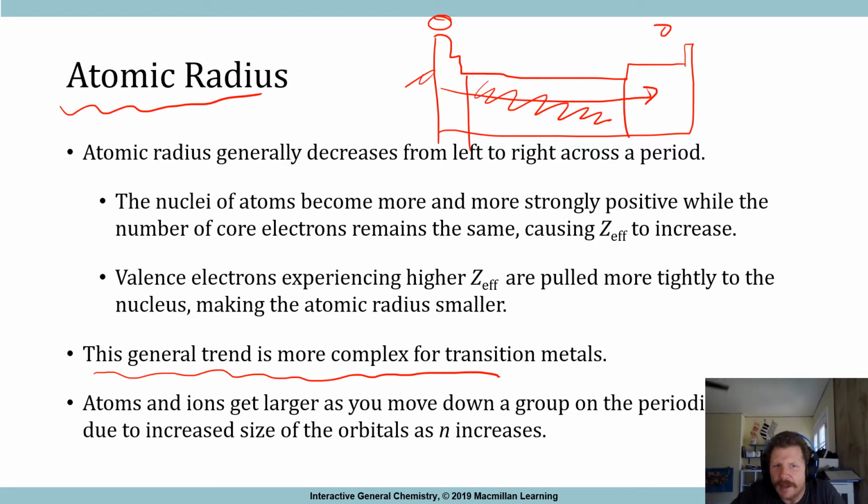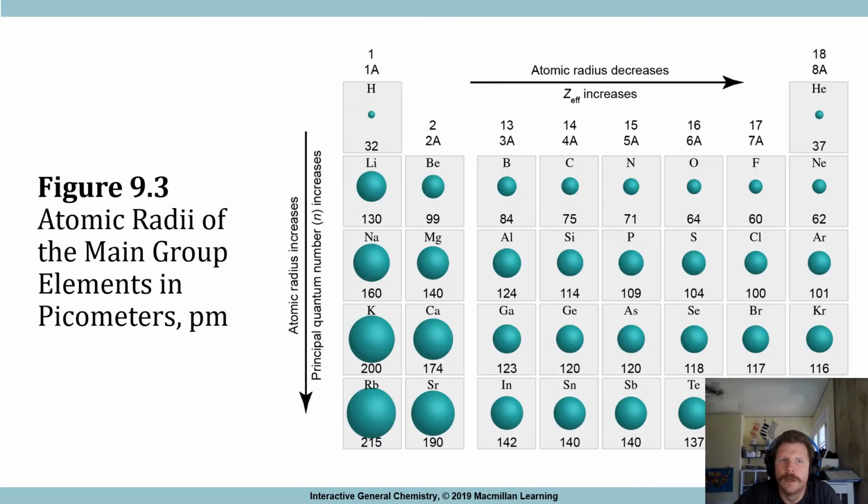Atoms and ions get larger as you move down a group on the periodic table. So the atoms at the bottom are going to be the largest. We see that visualized here: atomic radii of the main group elements.